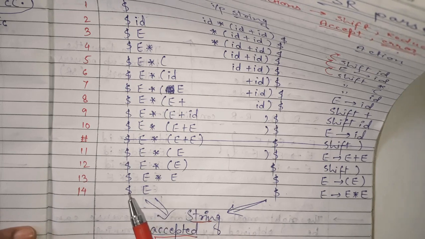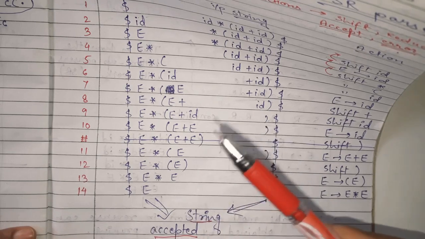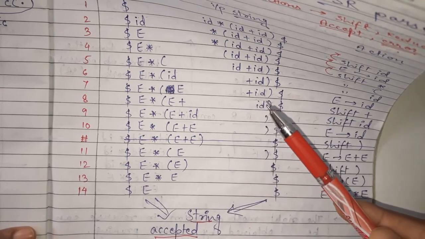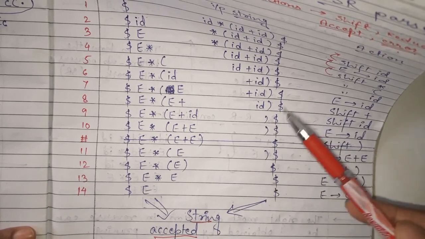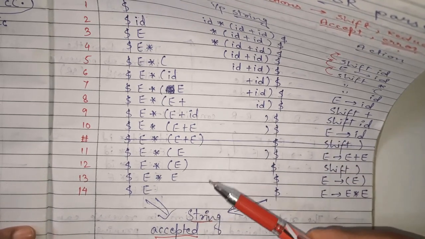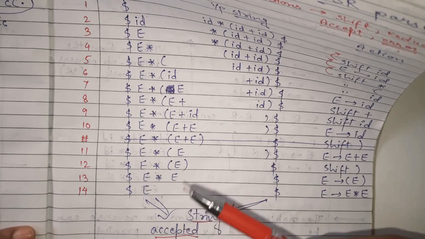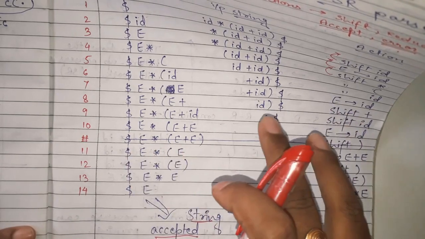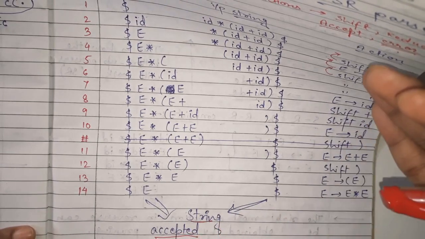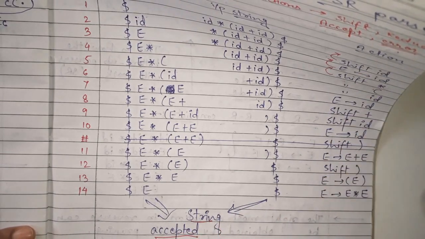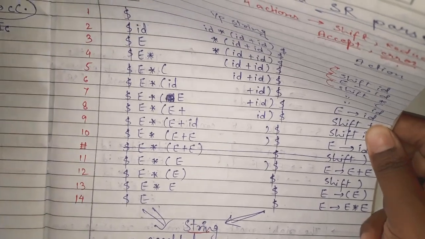And if you have not reached this particular step and you are stuck somewhere in between, then you can say that we are not getting this final step. That means there is an error, and so I can simply say that my given string is not accepted by the given grammar. So this is how you have to do the whole thing. This is what accept means, this is what error means, and this is what shift and reduce mean. Fine. I hope you have understood the procedure.